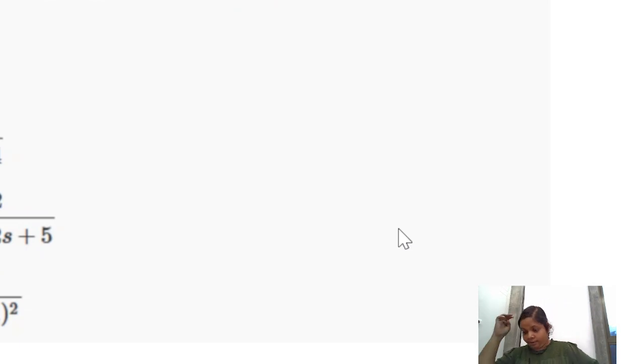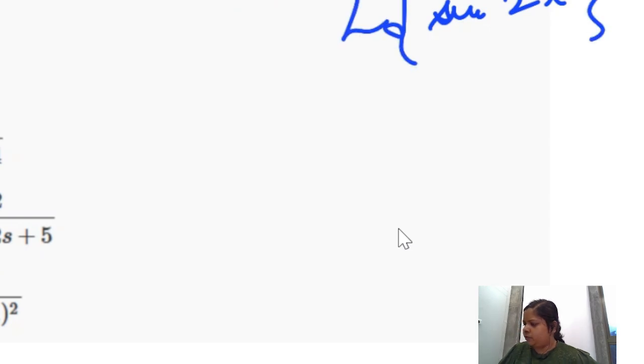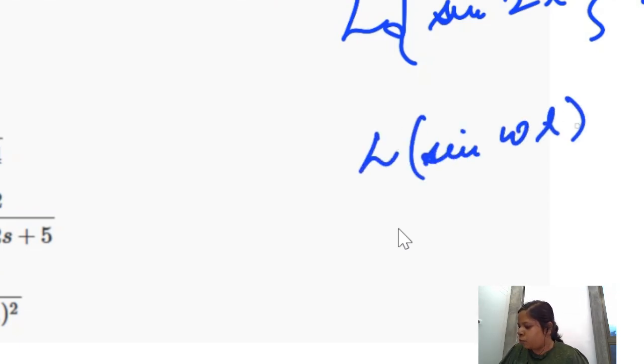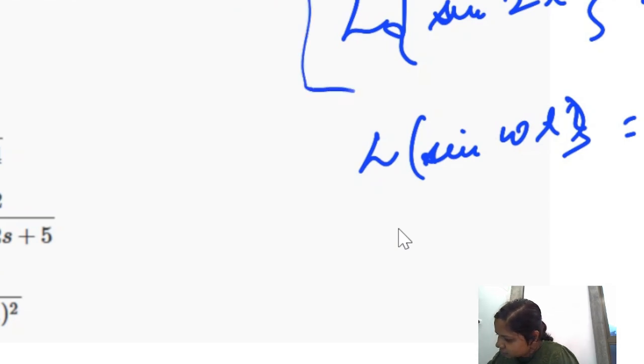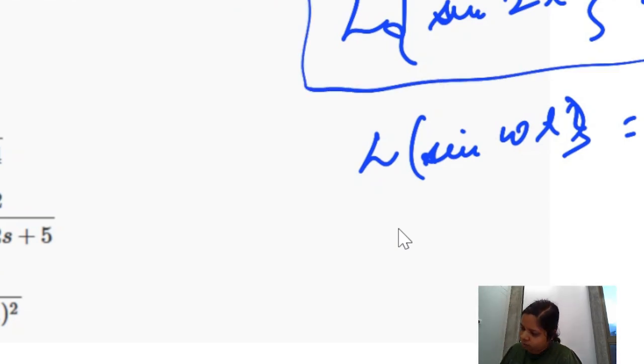Now, Laplace transform again. You have the table, and can someone tell me what is the Laplace transform of sin 2t? Please refer. 2 by s square plus 4, madam. Correct. So always, if the Laplace transform of sin omega t you have to find out, then it is omega upon s square plus omega square. So this is the Laplace transform of sin 2t.